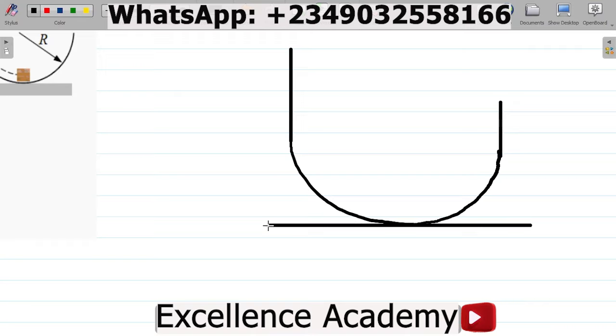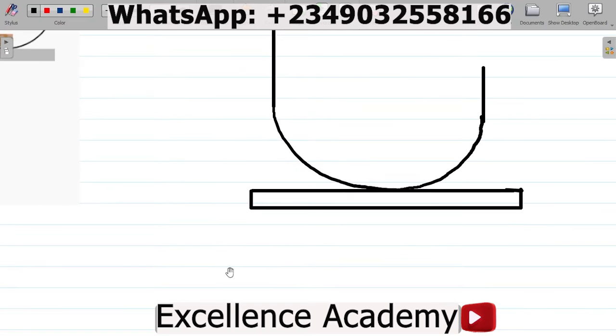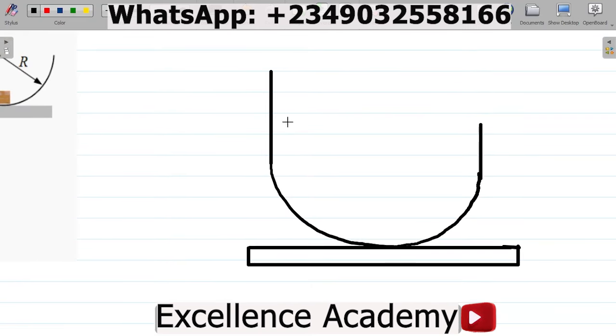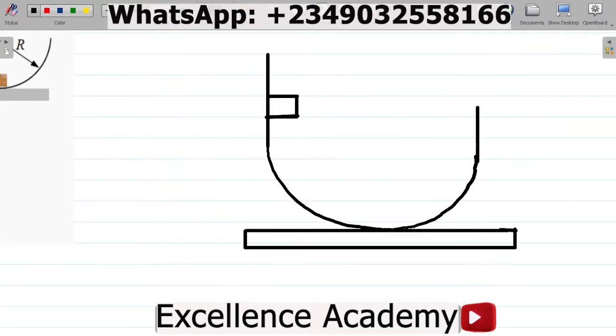So we have the object from the height R, somewhere around here. This slides down to the center here.